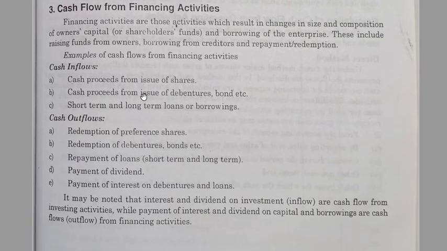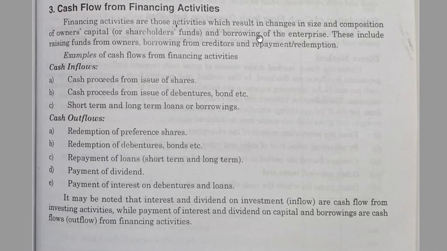So next is your financing activities. Cash flow from financing activities. Financing activities are those activities which result in change in size and composition of owner's capital or shareholders' funds and borrowings of the enterprise.